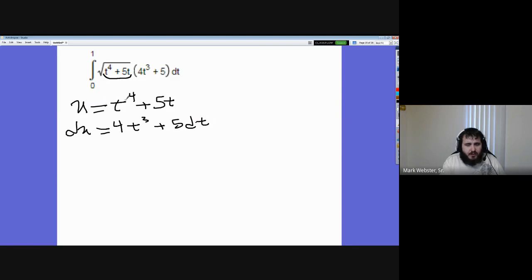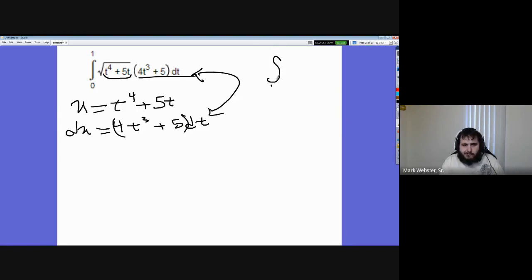If I take the derivative of t to the fourth, I get 4t cubed. If I take the derivative of 5t, I get 5. And you're not actually thinking about what this is going to be. You're just taking the derivative of both sides to get your du. And then this right here, isn't this what this is? These are the same. That's what we want to be true. That's what we want to happen to make life easy.